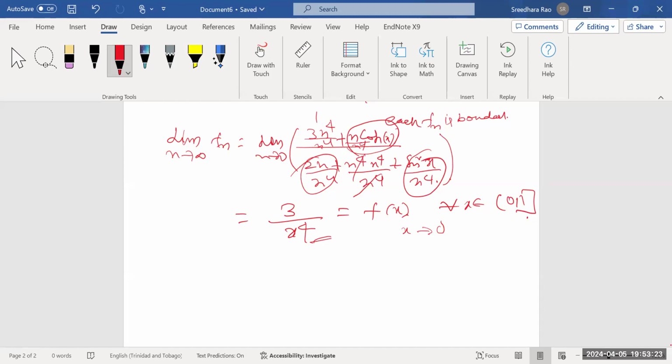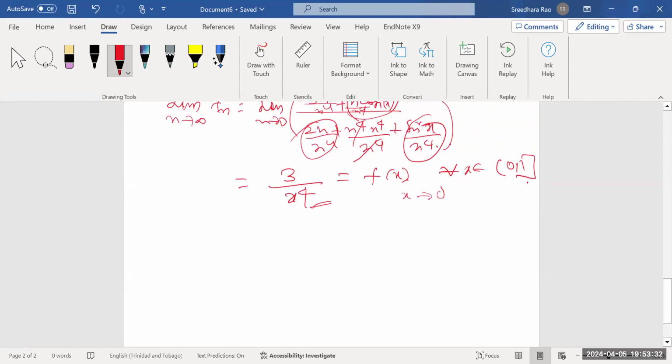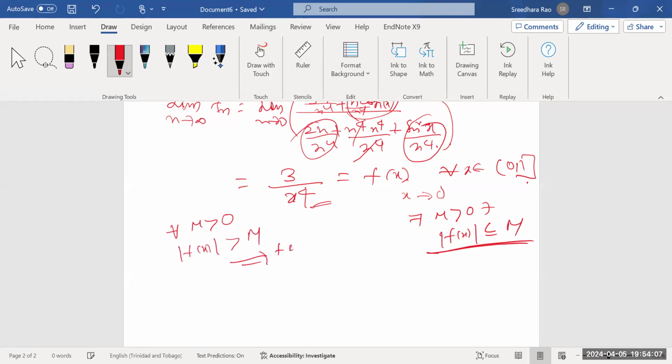So we will verify in the formal way, because if f of x is bounded, we have to show that there exists M greater than 0 such that modulus of f of x is less than or equal to M. So now I am going to take the contrapositive statement: for all M greater than 0, if modulus of f of x is greater than M, then f is not bounded.